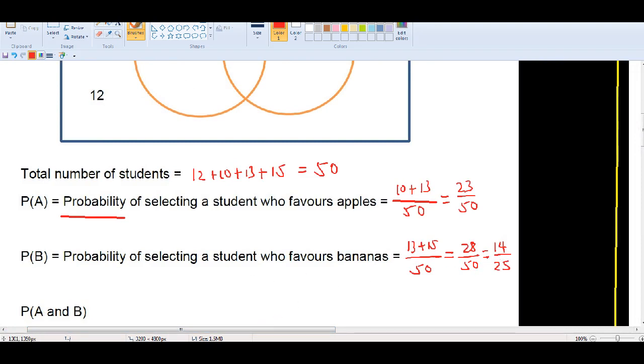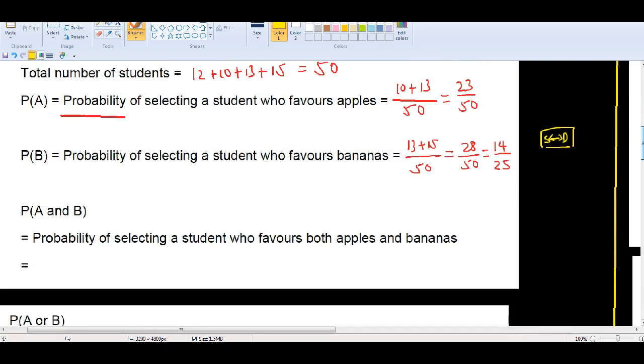You could do that through your calculator. Do you still remember how to use the calculator to simplify a fraction? There is a button on your calculator indicating this one. If you do the calculation, it might show you a decimal number. If you use this button, you just change it back to a fraction.